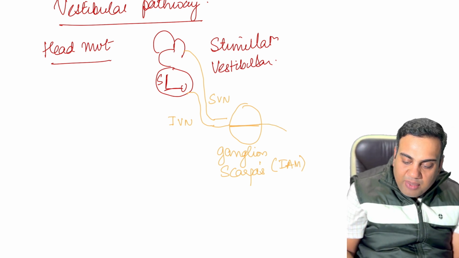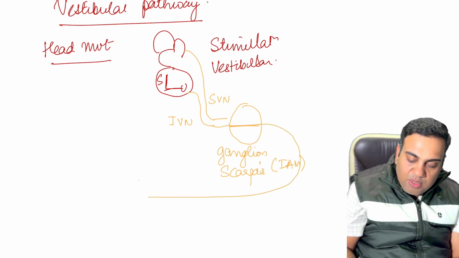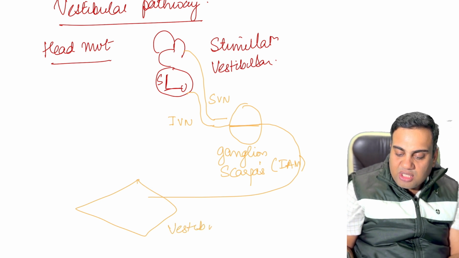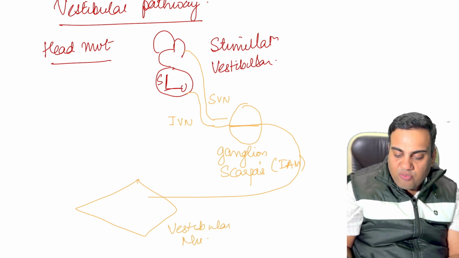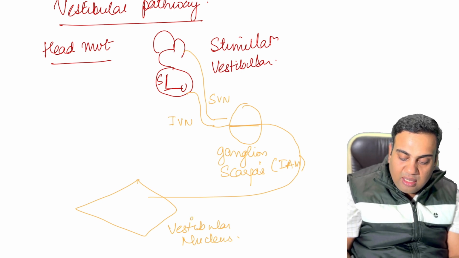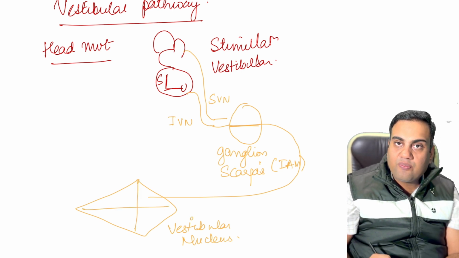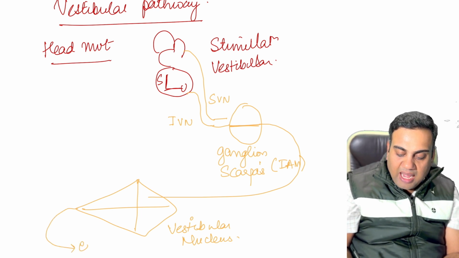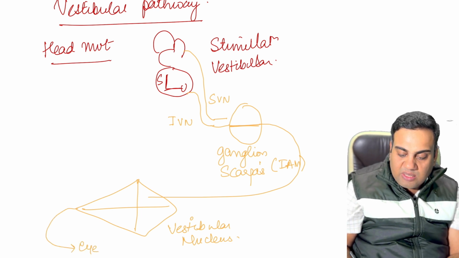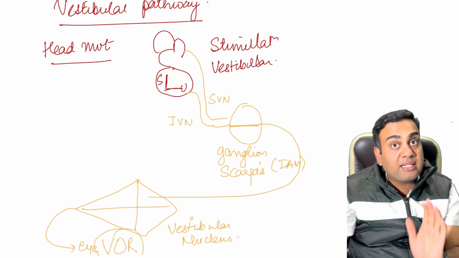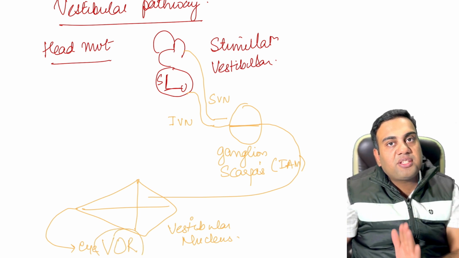From here, the impulses will go to the vestibular nucleus, which is in the pons. All right, vestibular nucleus. And from here, the reflexes will come to the eye, and there will be a reflex which is called the vestibulo-ocular reflex. All right, is this thing clear? This is the vestibular pathway.